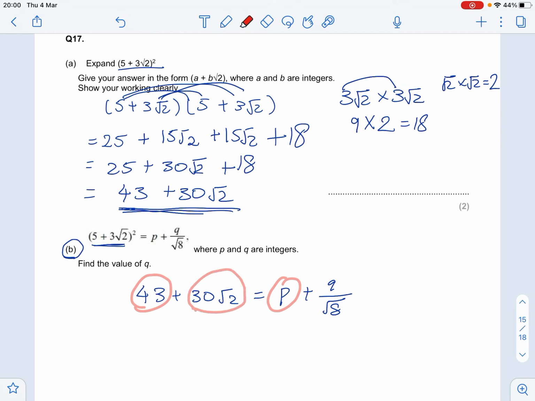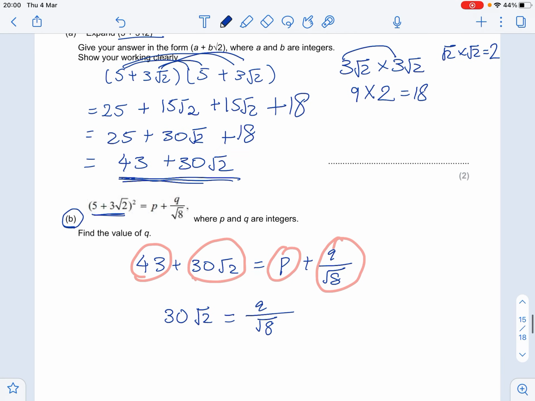Then we look at this part: 30√2 is the same as Q over √8.